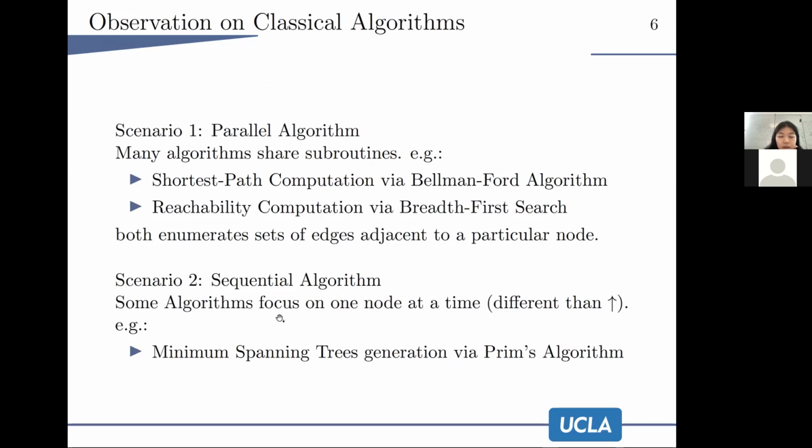There are also different kinds of algorithms: sometimes one focuses on one node at a time, and sometimes operating on multiple nodes at a time. The first case gives us the possibility of computing multiple algorithms at the same time, and the second raises new challenges of whether we can handle different types of algorithms at the same time.